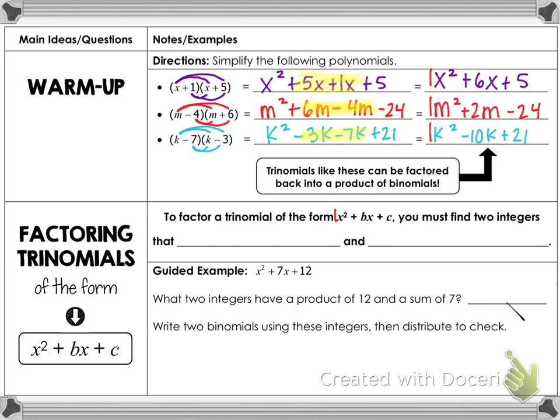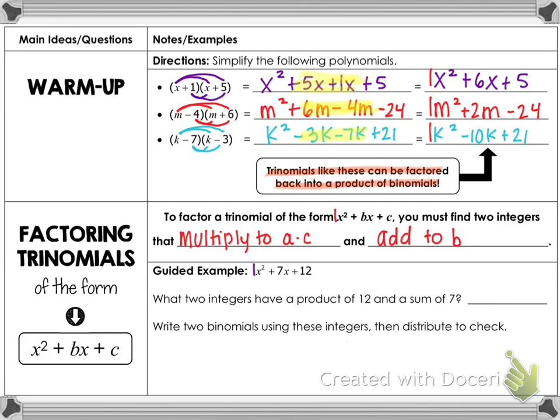You must find two integers that multiply to a times c and add to b. I'm going to show you what this means in just a minute.